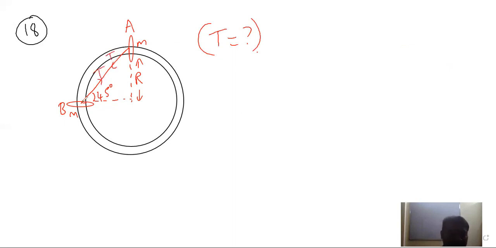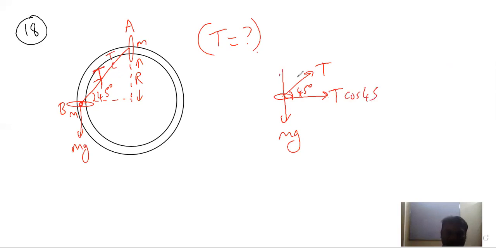If I consider this ring, one force will be mg, another force will be tension. Let's resolve this mg. Suppose this angle is 45 as per the question. P cos 45, and this is P sin 45.